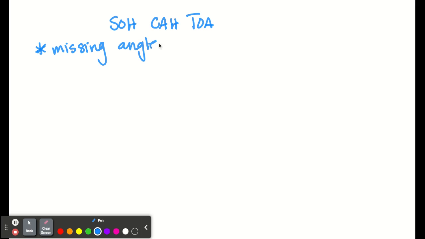The other method that we have to finding missing angles is SOHCAHTOA. Now this is strictly when the inverse of our trig functions is involved.